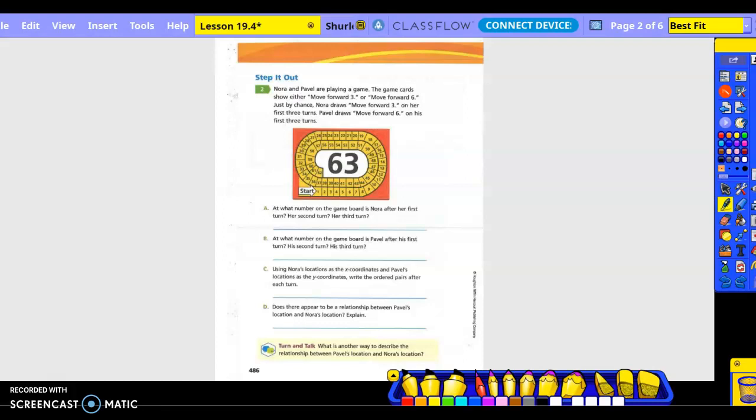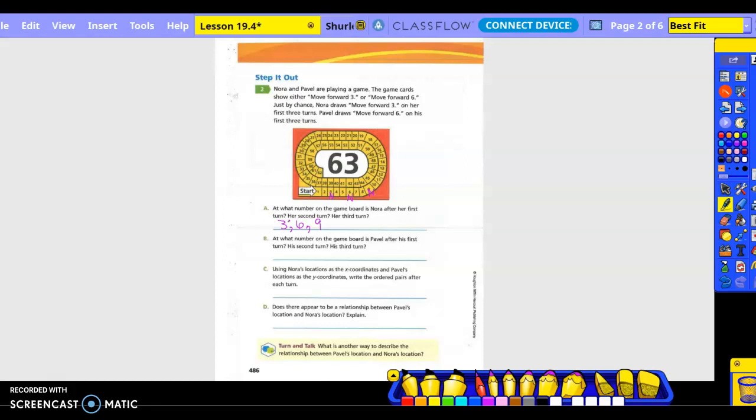At what number on the game board is Nora after her first turn? So she moves forward 3. So Nora would be at the 3, right? Then what would she be at next? 6, and then at the 9. So her first turn would be 3, her next turn would be 6, and her next turn would be 9.